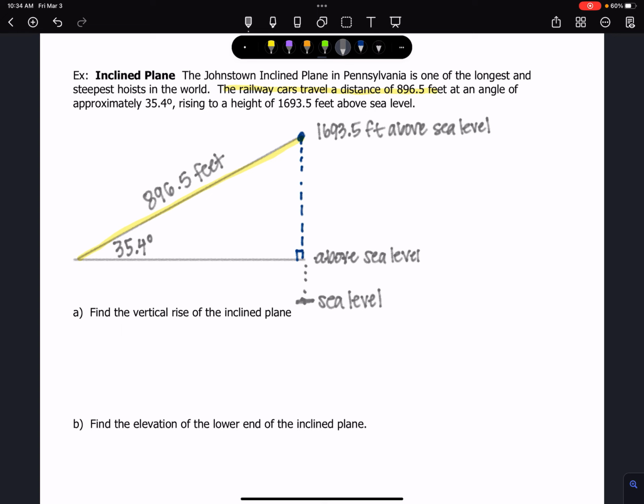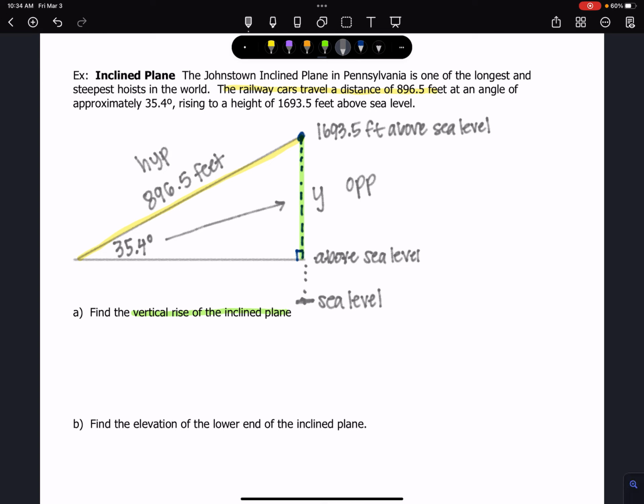We want to find the vertical rise of the inclined plane. So the vertical rise is going to be that vertical distance. I'm going to call it y. The trig function I'm going to use: this is the opposite, and this is the hypotenuse.